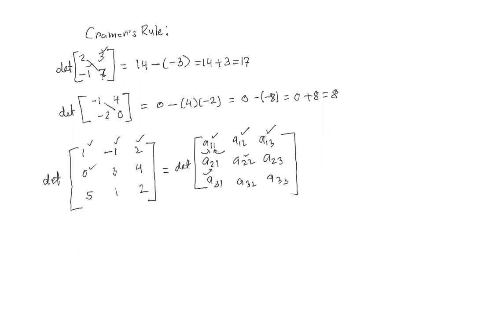A22 is this number. A23 is this number. A31 is this number, 5. A32 is 1. A33 is 2. It's just identifying the entries.